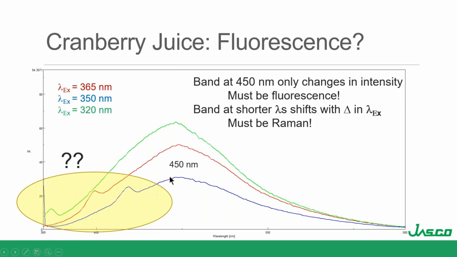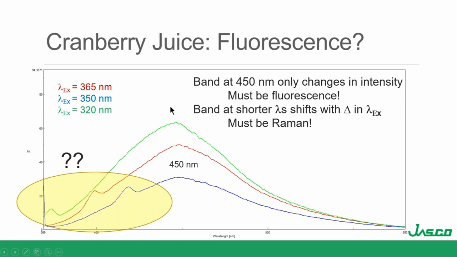One thing I want you to notice here is that Raman can really get right on top of where you want to look. I wouldn't want to use 365 as an excitation wavelength, because the Raman band is very close and I might be getting some contribution of that to the signal I'd be measuring at 450. This one at 320 is way better. I've moved the Raman band way off of where I'm looking, so I have confidence in that emission signal.